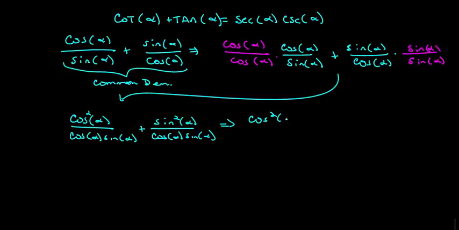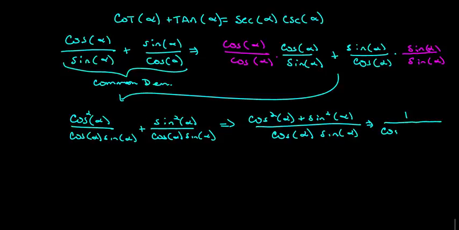So cosine squared alpha plus sine squared alpha all over cosine alpha sine alpha. Now when I see a sine squared and a cosine squared, I'm going to try to put them together, and I can here, because sine squared plus cosine squared, using the Pythagorean identity, is 1.